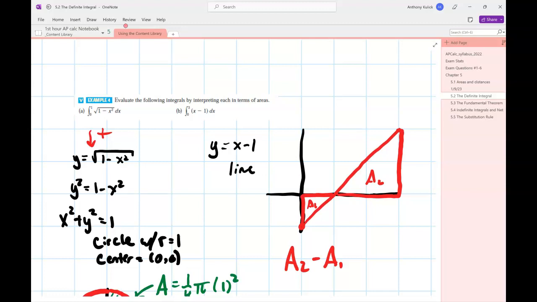Why am I subtracting A1? Yeah, because it's negative y values. It's below the x-axis. Exactly right. So what shape are A1 and A2? Triangles. What's the base of A1?